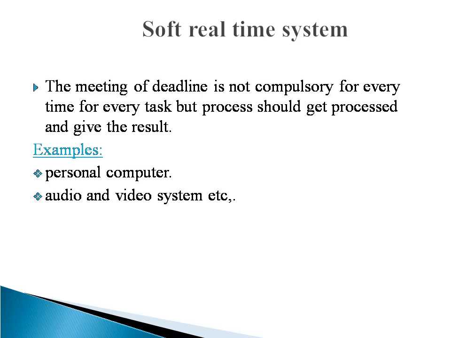So anyhow it gives the result, but it is not compulsory to meet the deadline, meaning to complete within a time. There is not that much criteria in a soft real-time operating system.